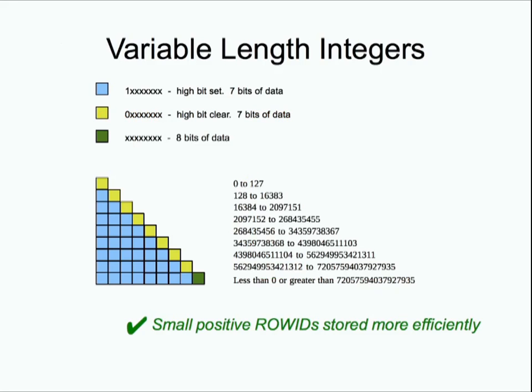We also use variable length integers in SQLite. The row IDs are typically small integers, and we don't want to use a full 8 bytes for small row IDs. So we've got a variable length integer format here, so that small row IDs only take 1 or 2 or 3 bytes, and larger ones take more. Now, when I designed this back in 2003, this seemed like a good idea.